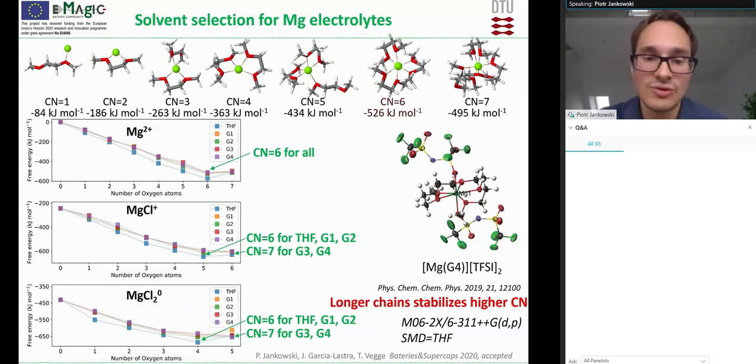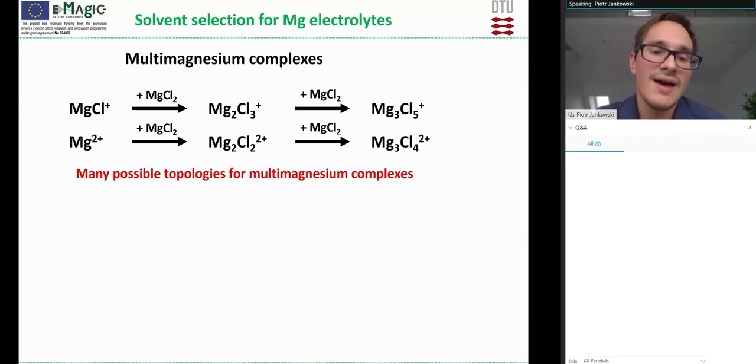So then we wanted to go also to more advanced systems, with multi-magnesium. These multi-magnesium clusters can be seen as a result of the reaction of these simple clusters together with MgCl2, a salt, creating dimers, so clusters with 2 magnesium, or even 3.